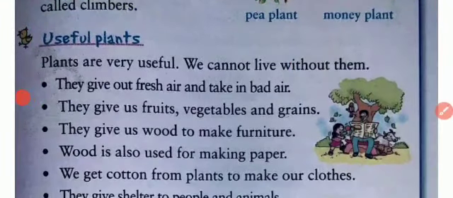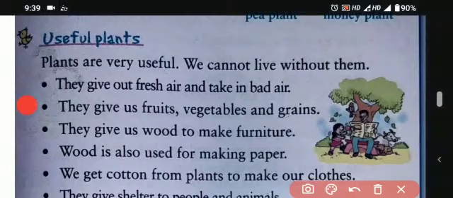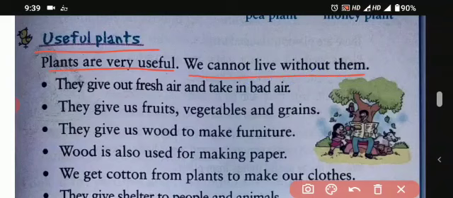So here are some important points about why plants are useful for us. First is, plants are very useful. We cannot live without them. They give out fresh air and take in bad air.